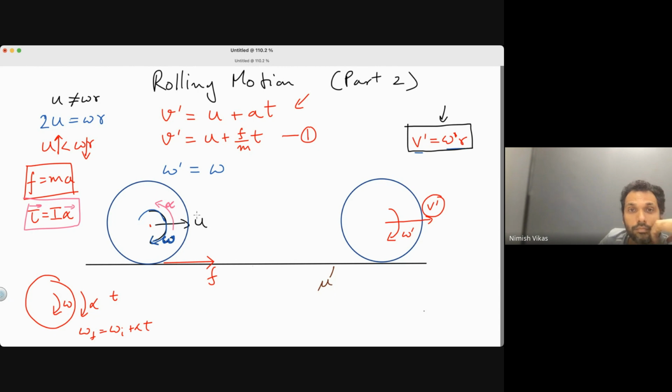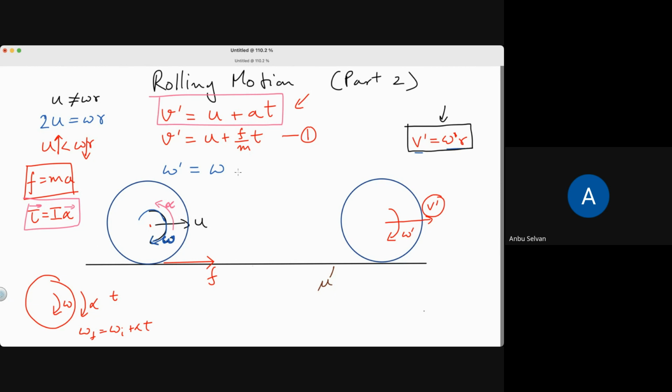Right? So if I have to write in terms of alpha, how do I write it further? Omega dash is equal to omega. Tell me further what to write in terms of alpha. It is very similar to this one.